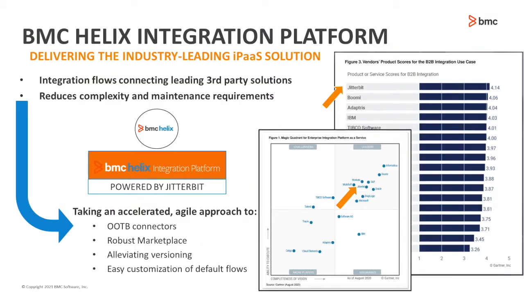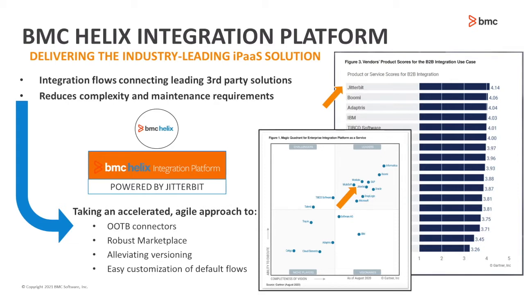In this slide, I'm just pointing out the 2020 Gartner MQ rankings for Jitterbit. If you look at the B2B integration space, they're the number one vendor. If you look at the MQ for enterprise integration platform as a service, they're among the top 3 or top 4 vendors.